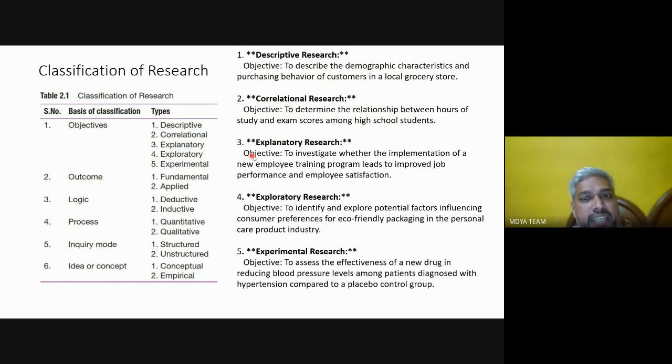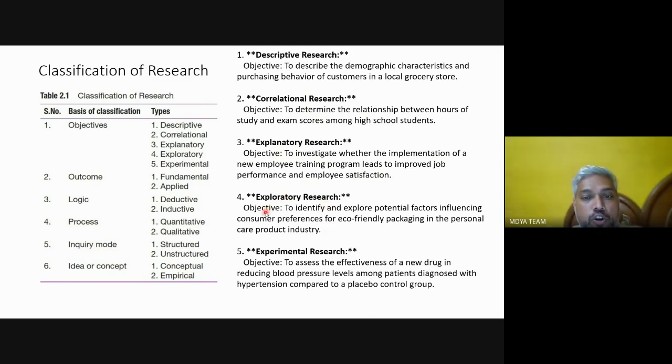Right? When it is explanatory research, the objective is to investigate. When you go for explanatory research, in the objective you use: investigate whether the implementation of a new employee training program leads to improved job performance and employee satisfaction. To investigate, remember: to describe, to determine the relationship, to investigate, right? These words you will use in your objective.